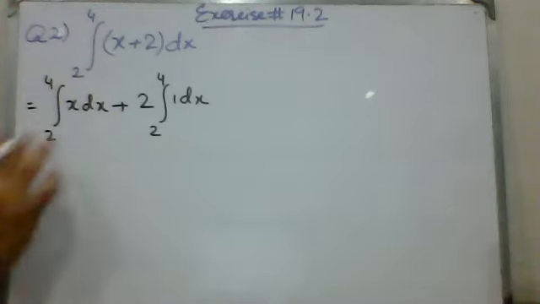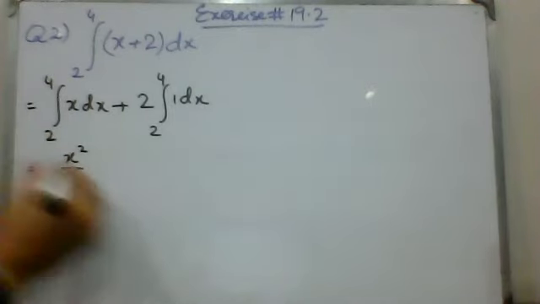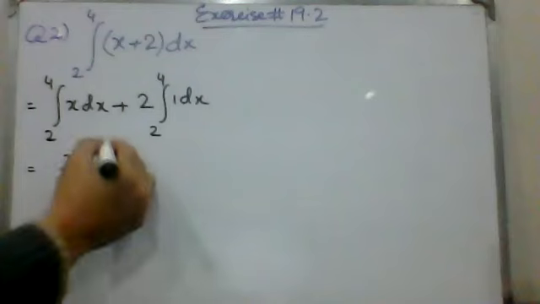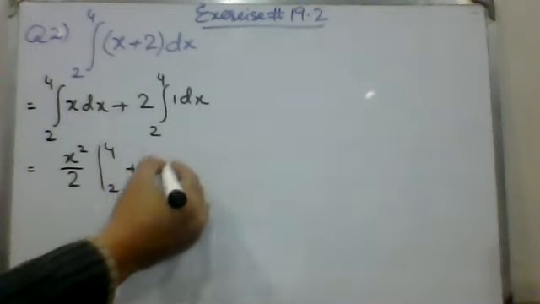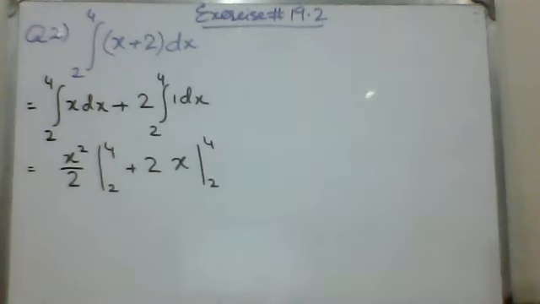The integral of x is x square by 2, with limits 2 and 4, plus 2 times the integral of 1, which is x, with limits 2 and 4.